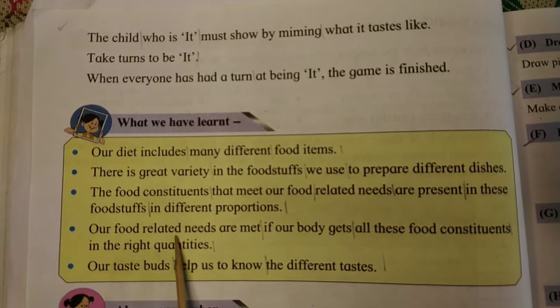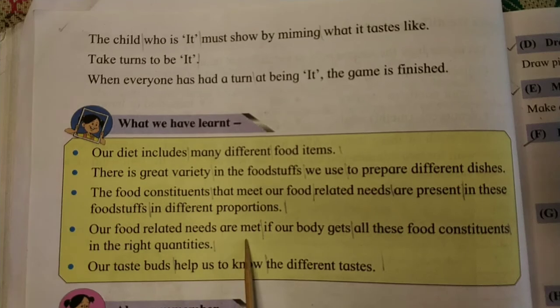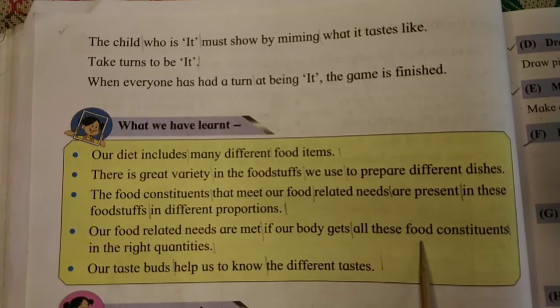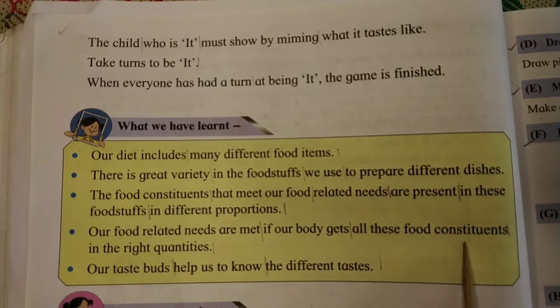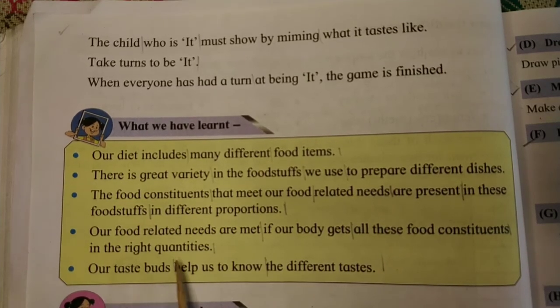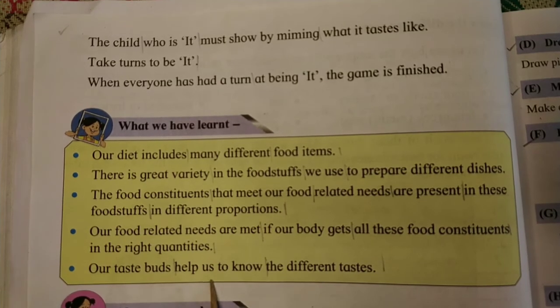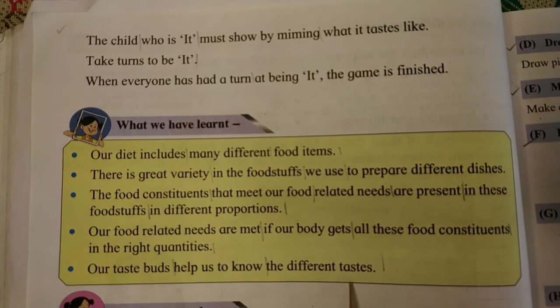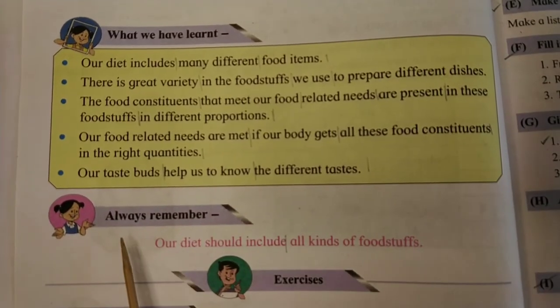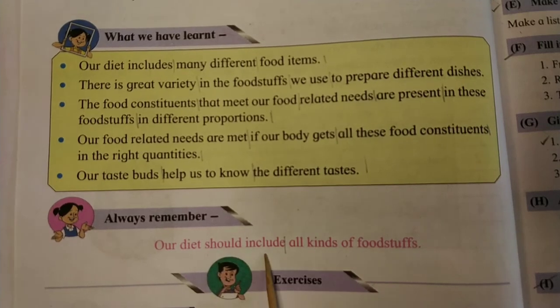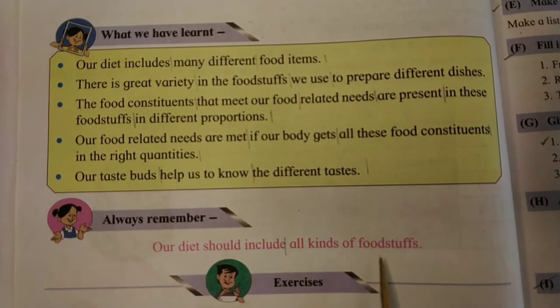Our food related needs are met if our body gets all these food constituents in the right quantities. Our taste buds help us to know the different tastes. Always remember, our diet should include all kinds of foodstuffs.